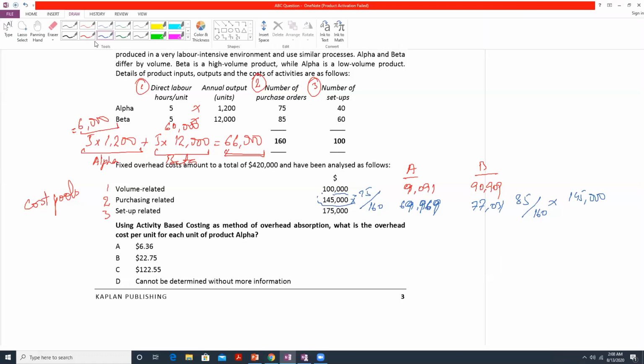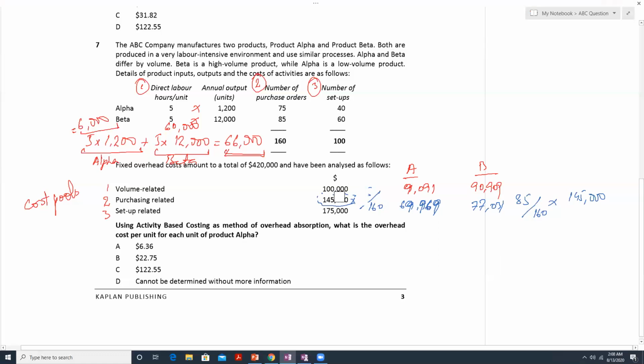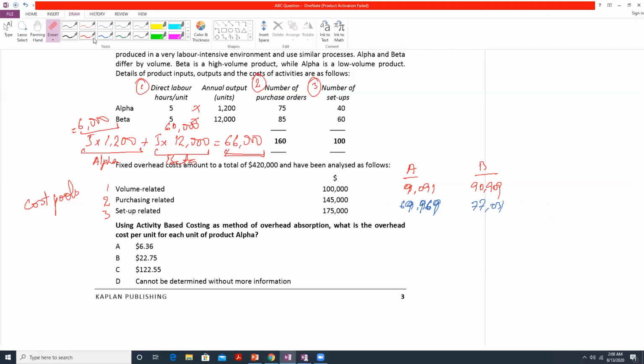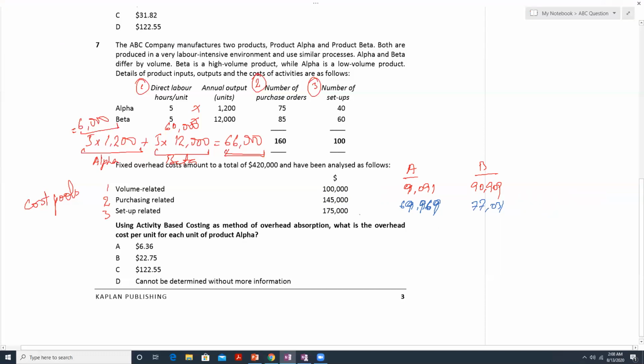Now, moving forward, I need to allocate 175,000 setup related cost, that is $175,000, to both the products, to alpha and beta. This setup related cost is linked to number of setups. There are 40 setups for alpha out of 100.